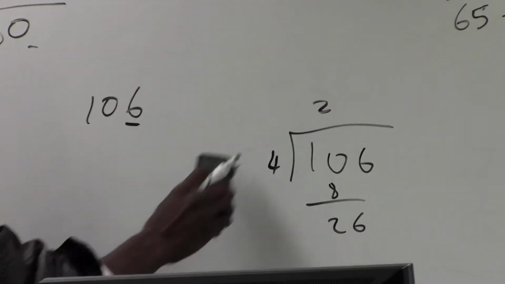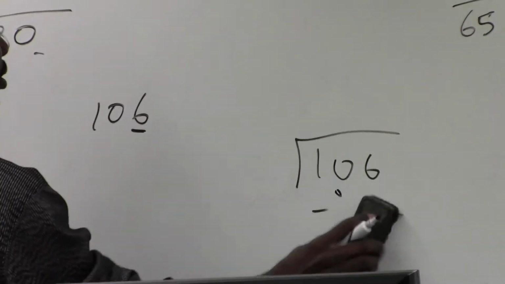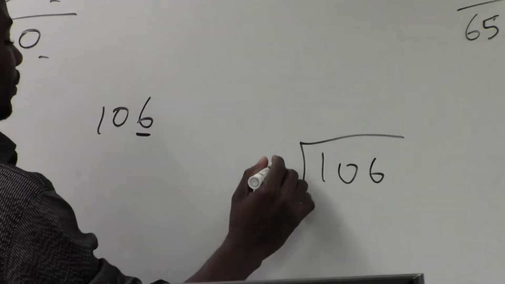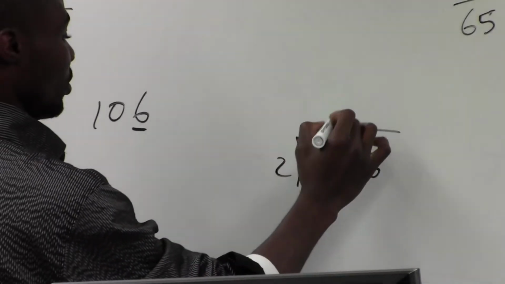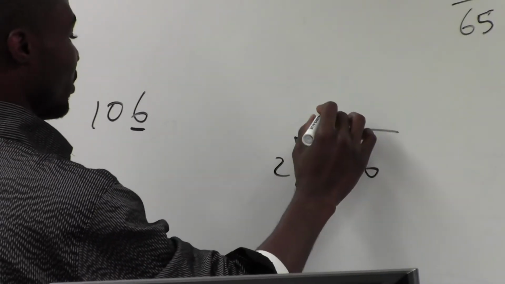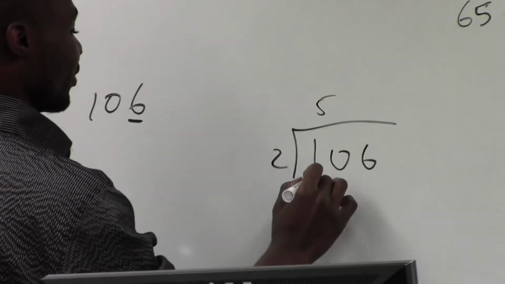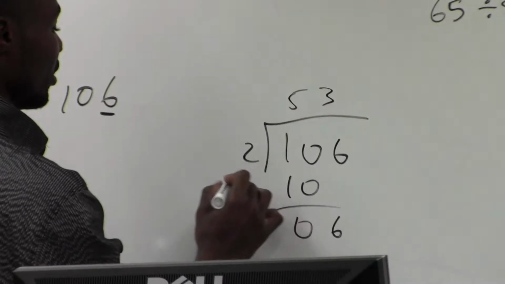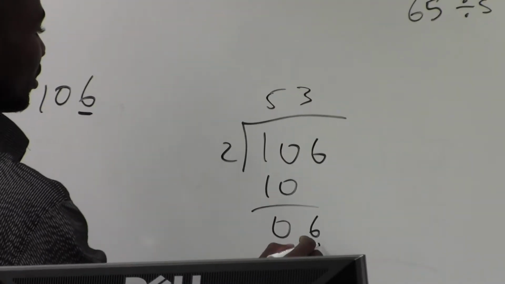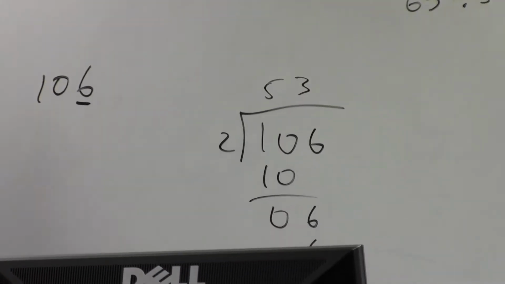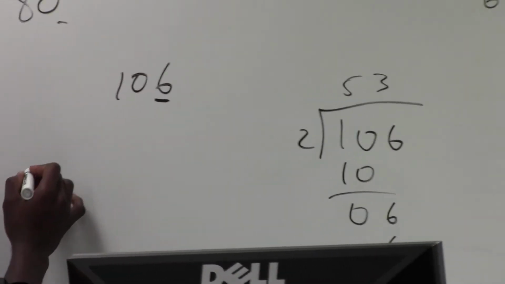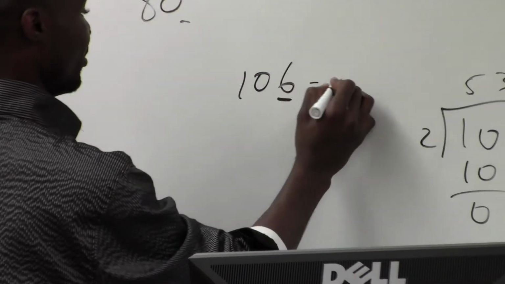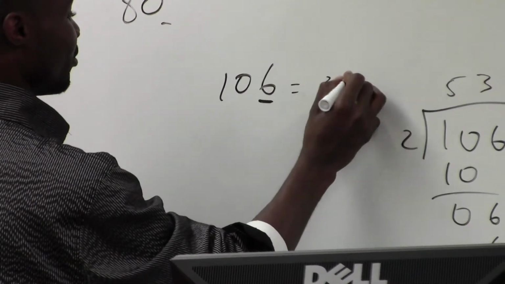So 4 is not good. We're going to try with 2. With 2 we have 53. So this gives me 2 times 53.